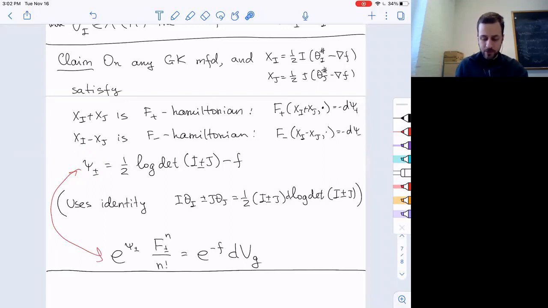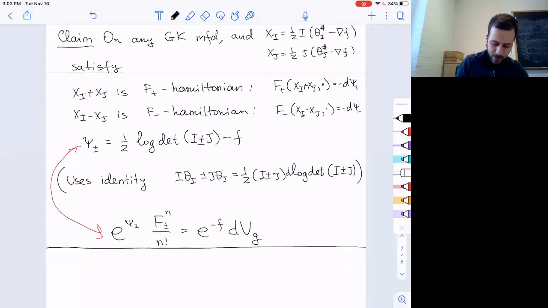The difference is the logarithm of the ratio of determinants of I plus J and I minus J, and that is related to generalized Ricci flow. Actually, if you take sigma times the Hamiltonian vector field of this difference, then this is what generalized Ricci flow does. But it's not related to f plus and f minus specifically.